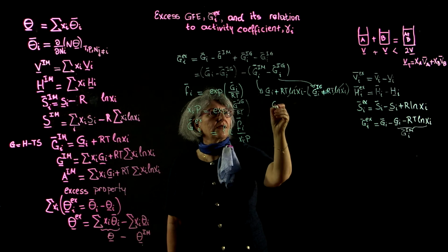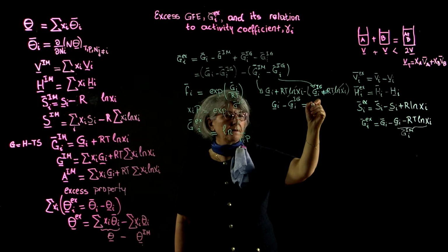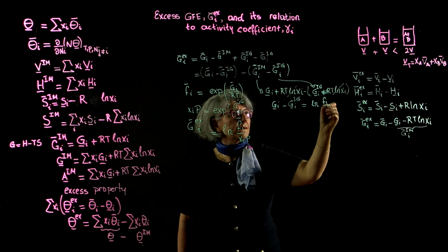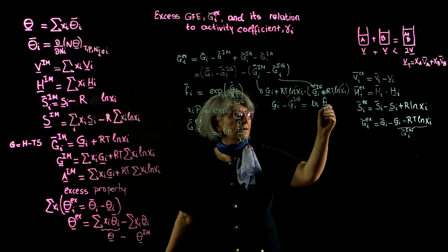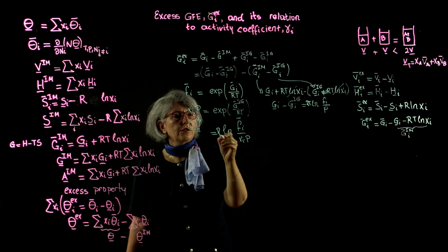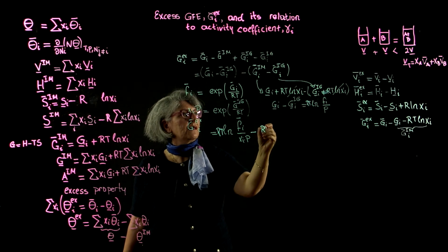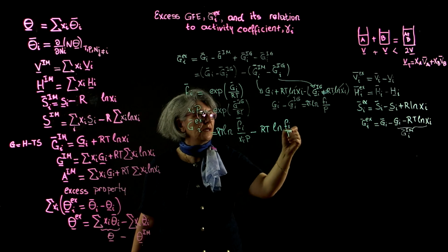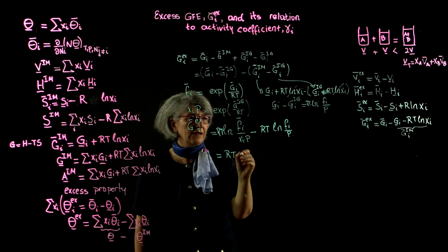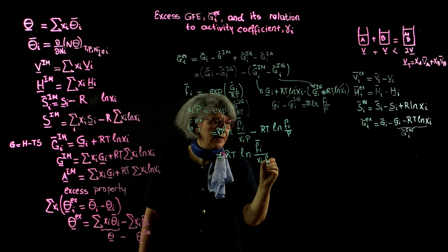And that difference is going to be RT ln Fi over P. So putting our RT here that we had forgotten before, minus RT ln Fi over P, when we combine these two together, is going to be RT ln Fi over xi times Fi.